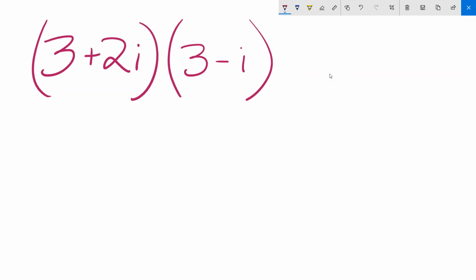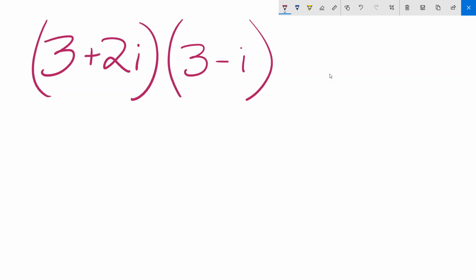First, outer, inner, and last. That's right. I prefer the term ET, which means you take every term and multiply it by every other term. ET works better if one of them's a trinomial. Notice that if I try to use FOIL on a trinomial, it doesn't work. FOIL is strictly for a binomial times a binomial. But that's what we have here, so let's go ahead and FOIL it.